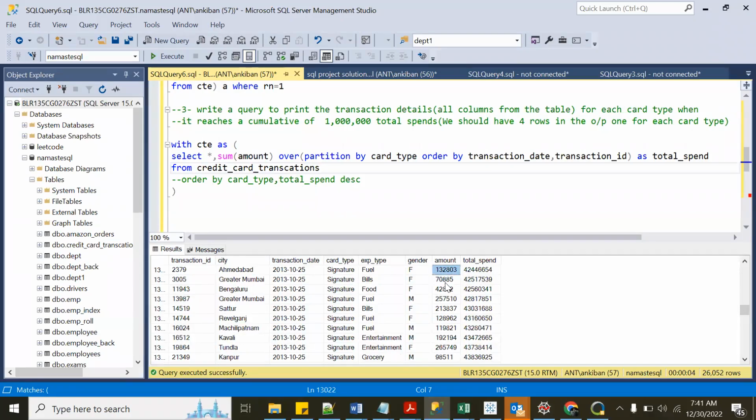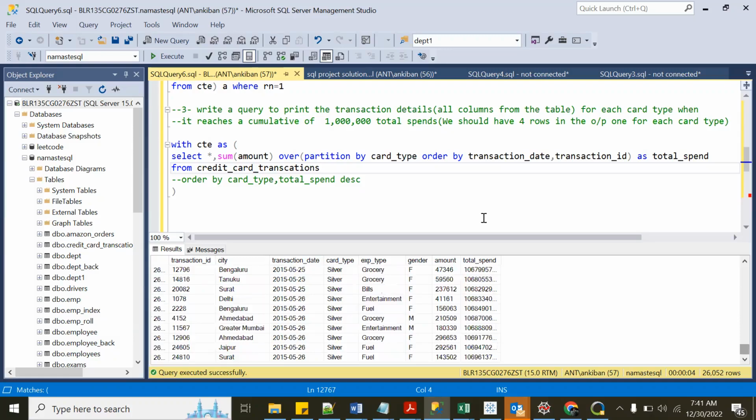Signature is, if you see, okay, so signature is starting from here, and on the second transaction itself, we are reaching 1 million row. So I need second transaction of the signature, and similarly for the fourth one, right? Silver one. Okay, is question clear? Can you all put in the chat box? Is question clear what we are trying to do?